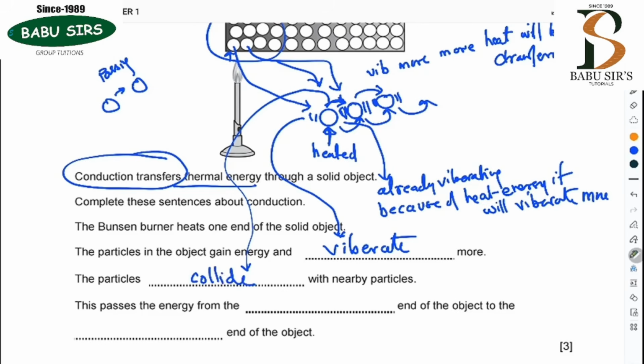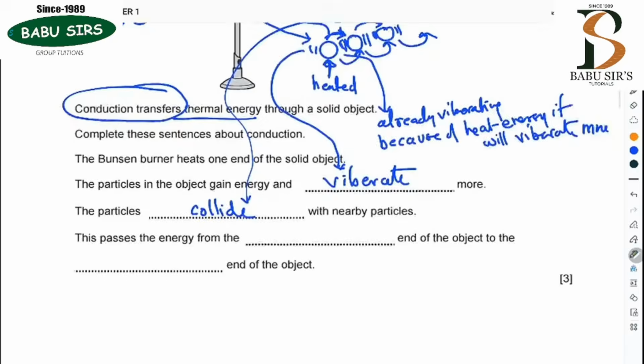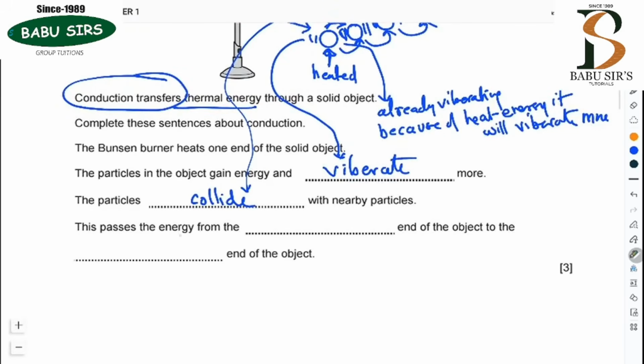And now what will happen? Because of vibration, it will go on transferring heat. So this passes the energy from the hot end to the object at the cold end. So this one will get heat.